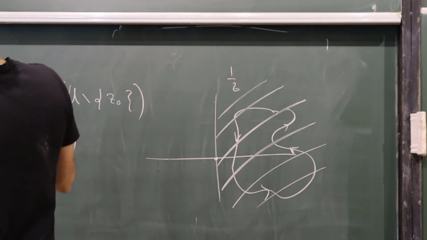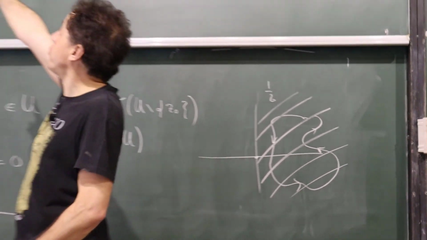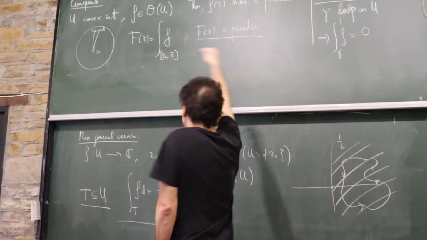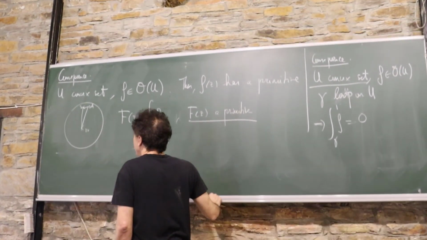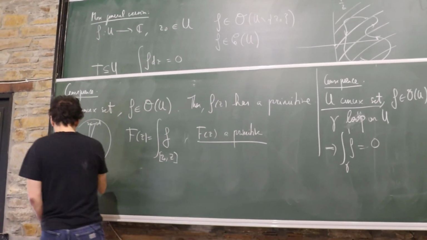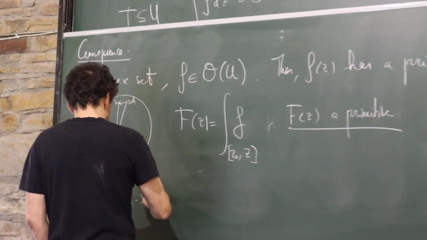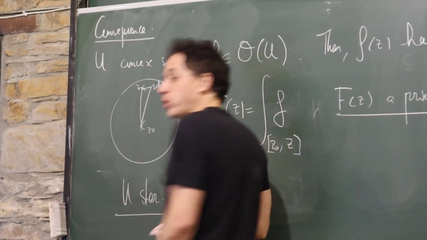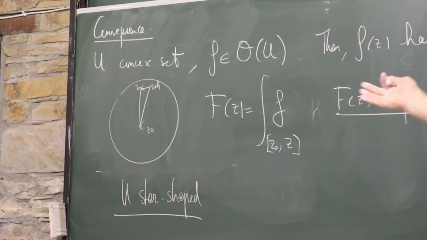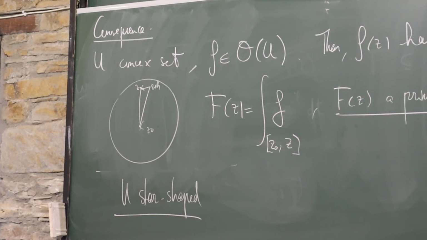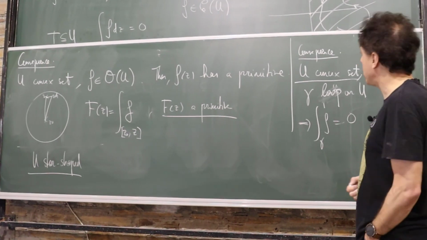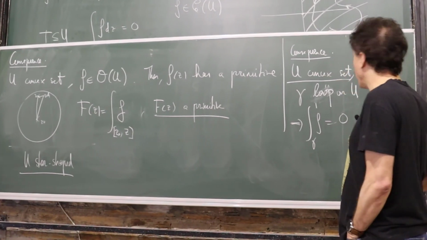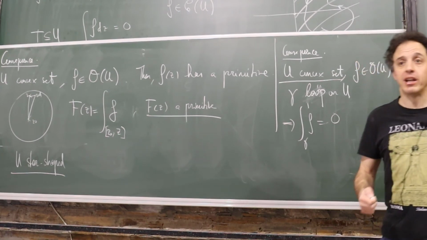In fact, it is not necessary that the set U is convex. This is the most usual case, but the result applies also if U is star-shaped. For the construction of the primitive, we only needed that U was star-shaped with respect to one point. So if we have a holomorphic function in a star-shaped domain, this function has a primitive, and the integral along any closed path must be 0.